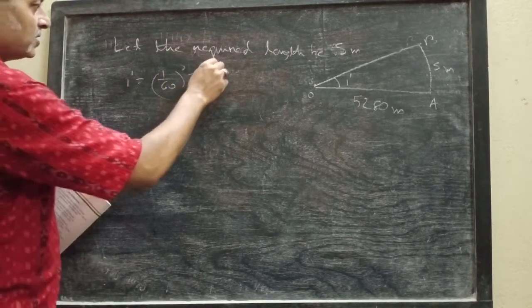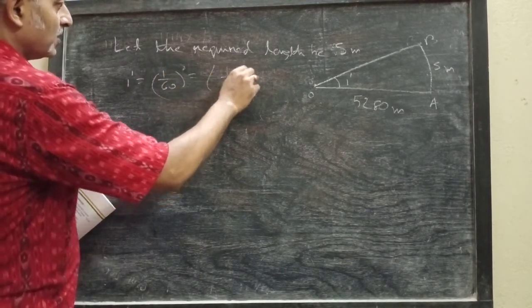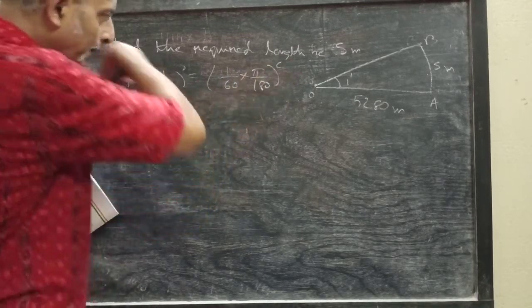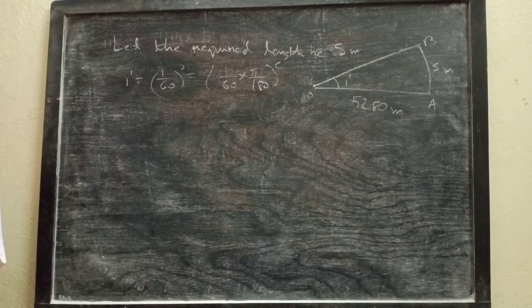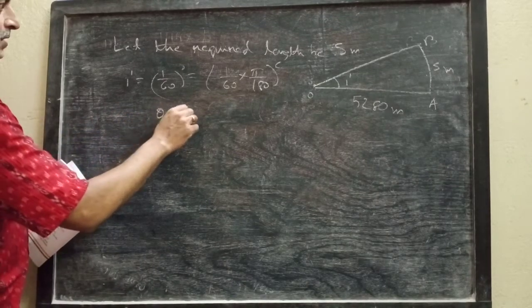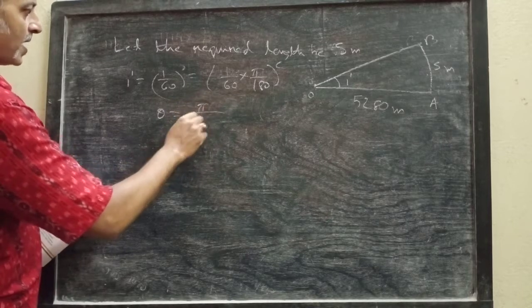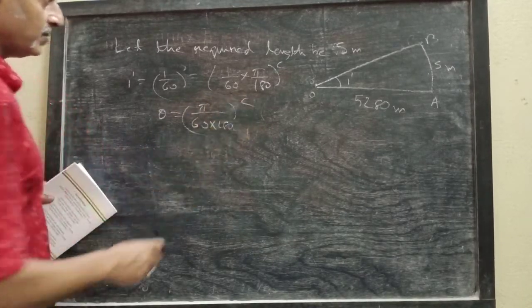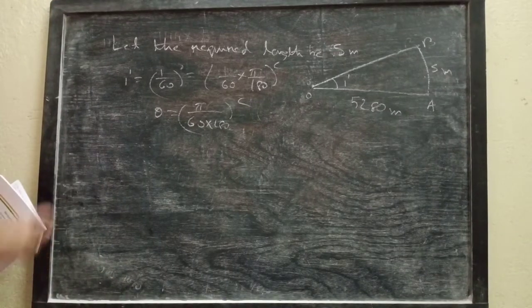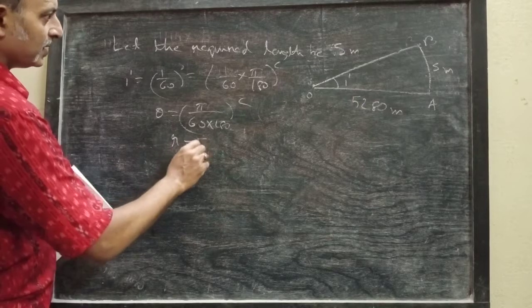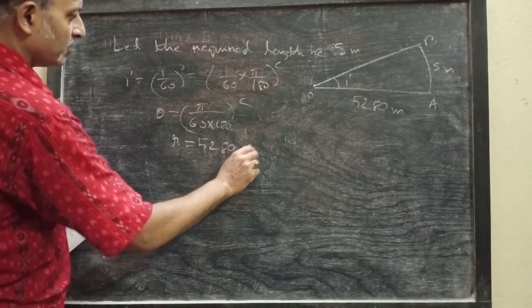Now you have to shift this to radian measure: 1 by 60 into pi by 180 radian. This is theta. Therefore theta is pi by 60 into 180 radian. R is 5280 meter, the radius R is 5280 meter.